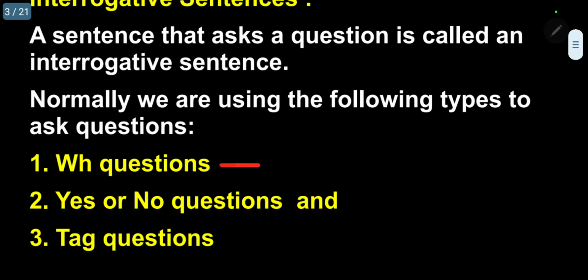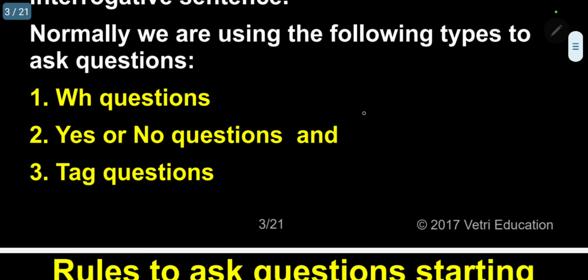Number 1, WH questions. Number 2, yes or no questions. And 3, tag questions. Only by using these 3 types can we create interrogative sentences. Kindly follow. This is a very important point you must note.